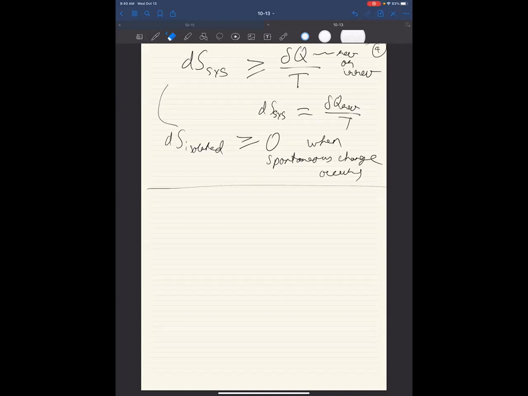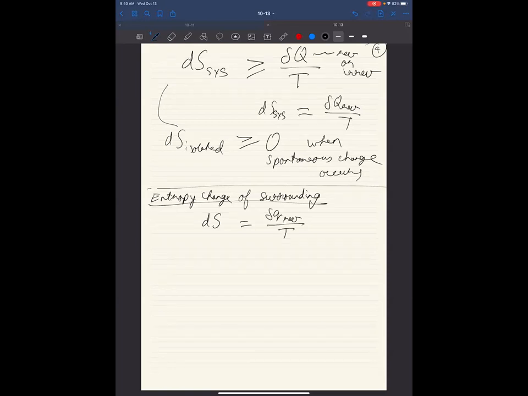So in order to do this, we have to think about the entropy change of the surrounding a bit carefully. We know in general that dS is equal to delta q reversible divided by temperature. I'm writing small q, big Q, there is no difference, it's the same.